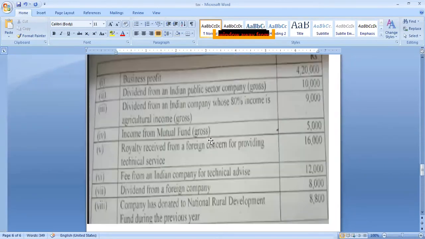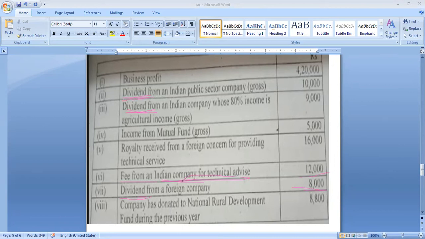Next item is fee from an Indian company for technical advice. This 12,000 also you have to include. See the difference between these, try to understand. These are dividends. Dividends are exempt, but other types of fees from Indian companies or foreign companies you have to compulsorily take. And I am repeating, dividend from a foreign company is taxable, but dividend from an Indian company you need not show, it is exempt.